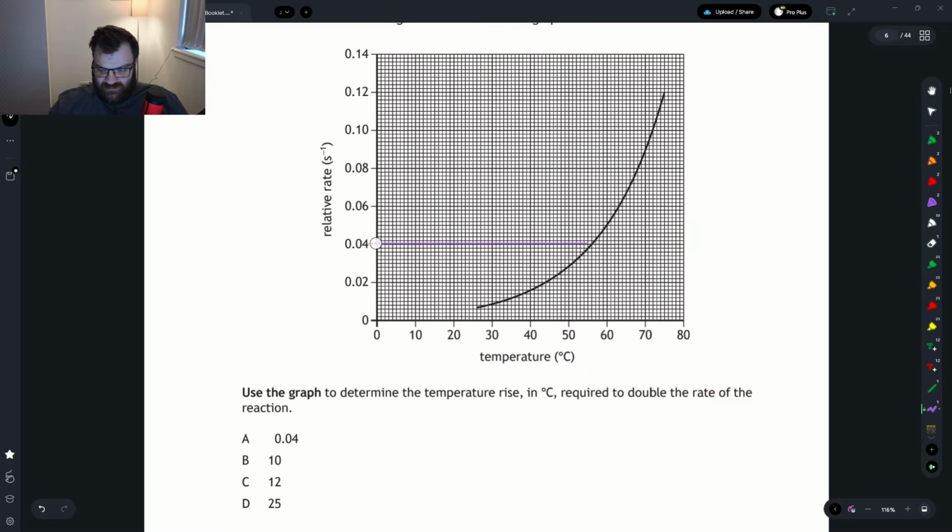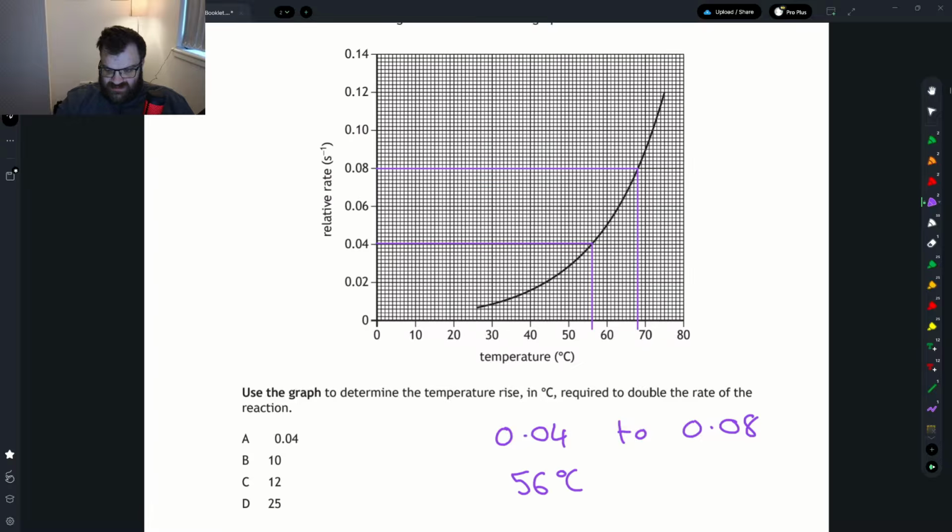So I'm going to pick 0.4 off there, and 0.8 off somewhere like that. So that's going from 0.04 to 0.08. I make that 56 degrees to 68 degrees. That's a jump of 12. And that would give us an answer of C.